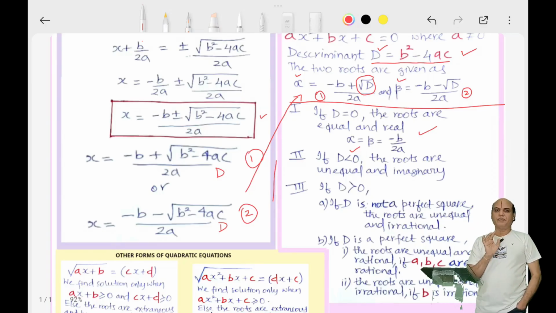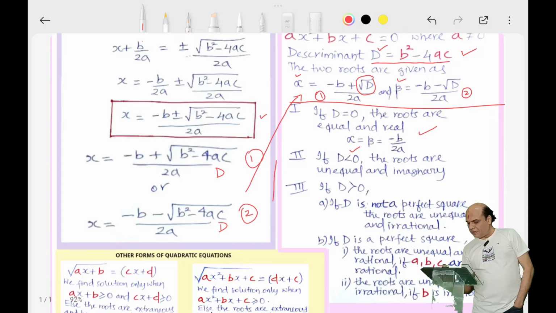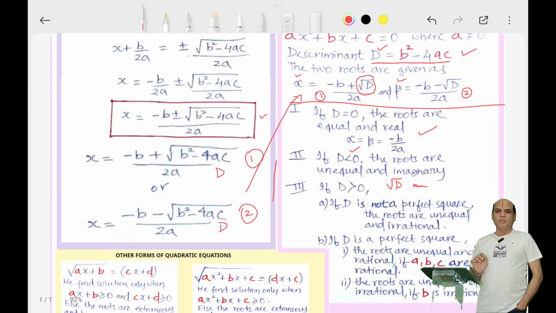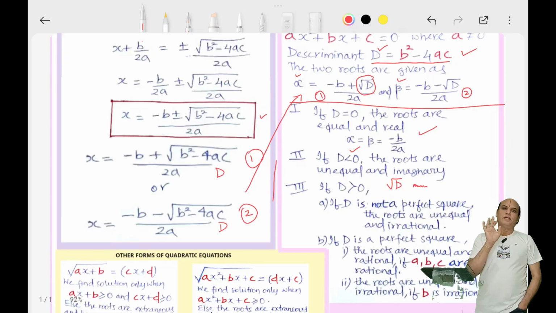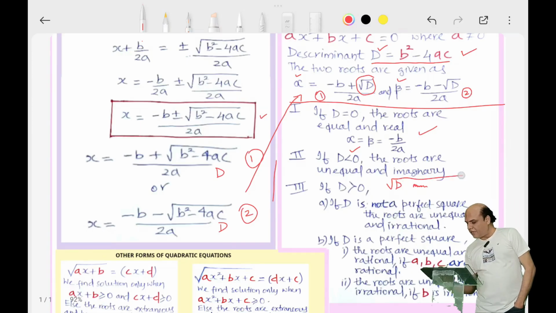When it is negative quantity. So under root of D would be some imaginary. So this will lead to some imaginary numbers. So you should be able to say this. Whenever the discriminant is less than 0, the roots are unequal and they are imaginary. So they are not real.